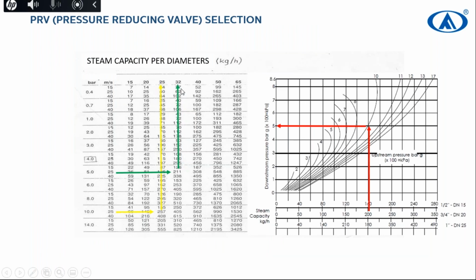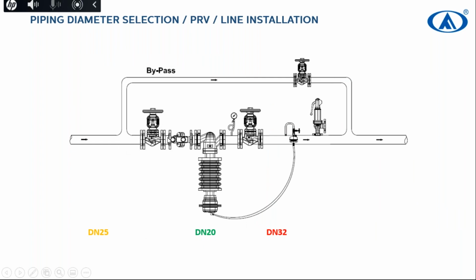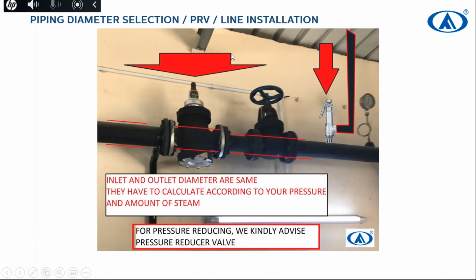So if your system is DN100, if you want to use a DN100 pressure reducing valve, it may be higher than your adjustment. So it can be expensive. It can be an expensive cost to your investment. This is a critical and important thing for piping diameter for PRV.